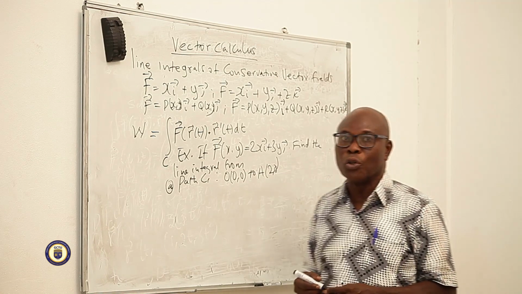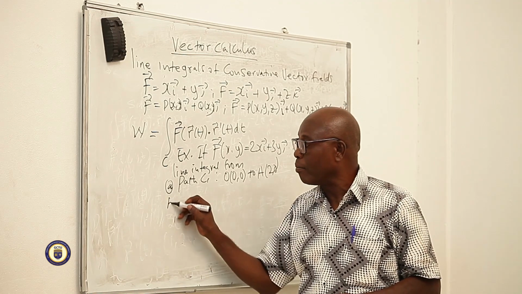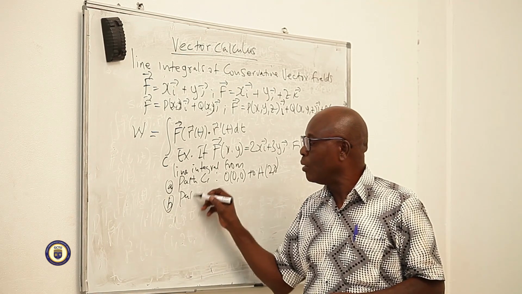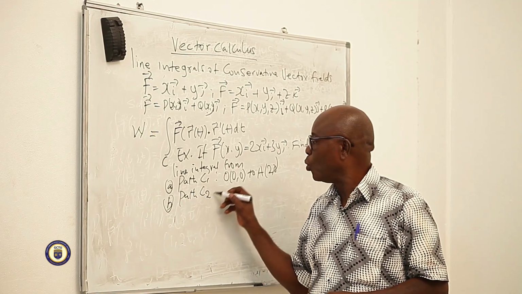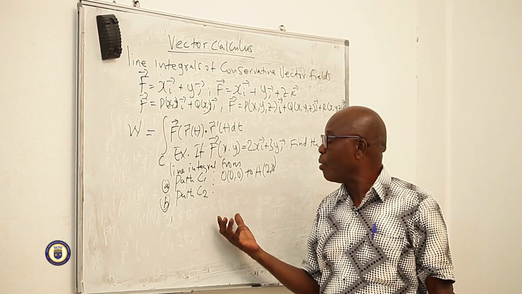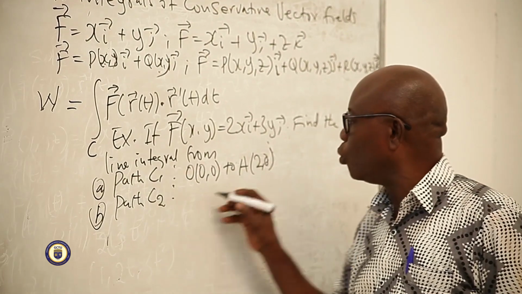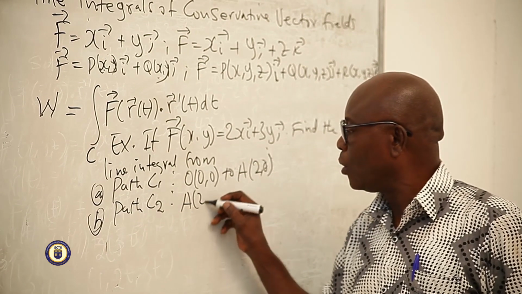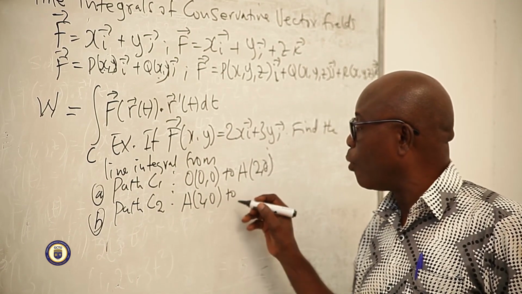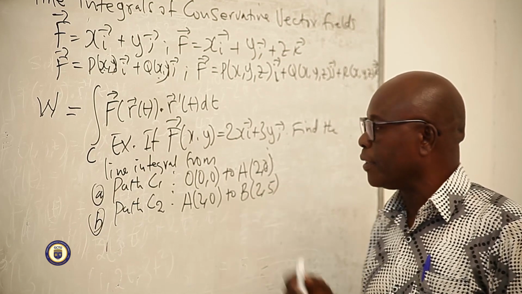Then we can also find the line integral along another path, C2, where we move from the point A, 2, 0, to the point B, and point B is given as 2 and 5.